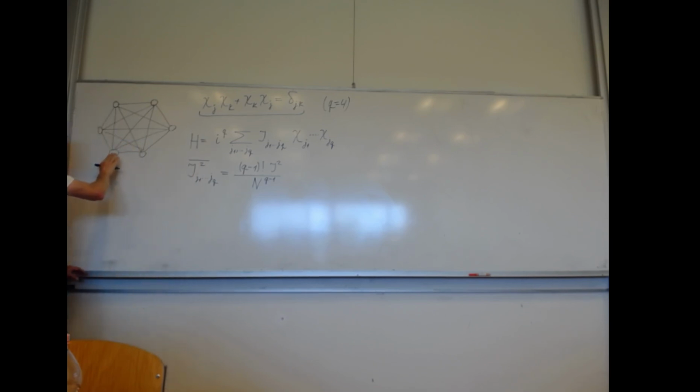So this is a model that can be solved using mean field. Each site j interacts with other sites.